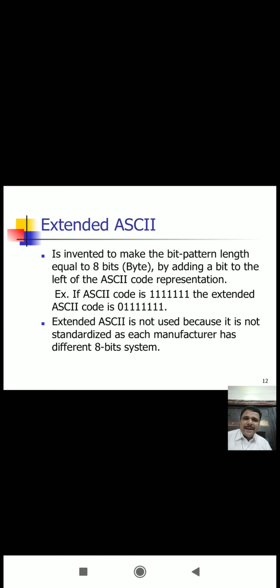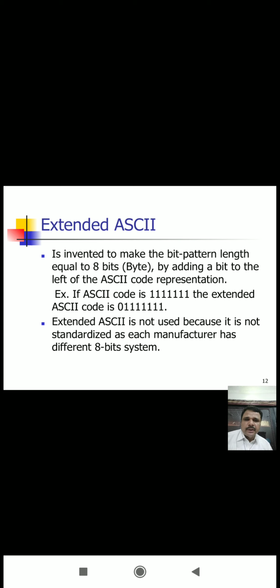Okay, so extended ASCII is American Standard Code for Information Interchange extended by adding 1 bit to it. The original ASCII code was 7 bits long, but extended ASCII code is 8 bits long. So, when it is 8 bits long, how many combinations can be generated?